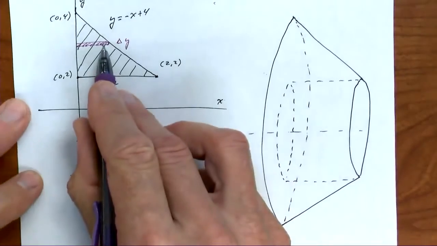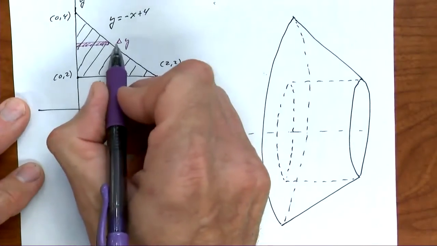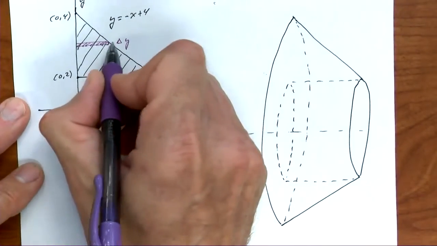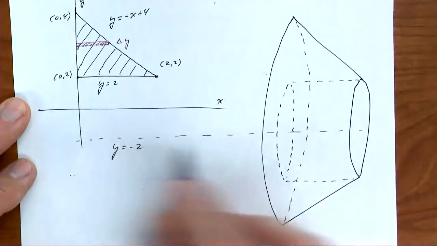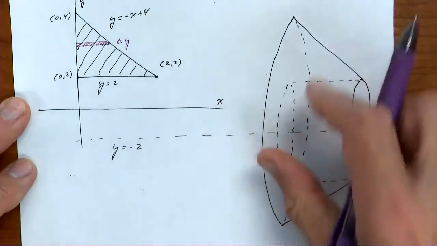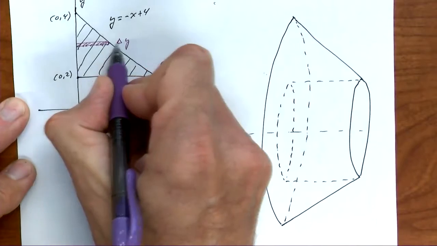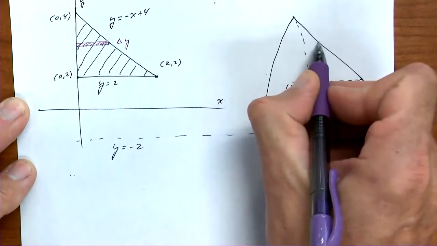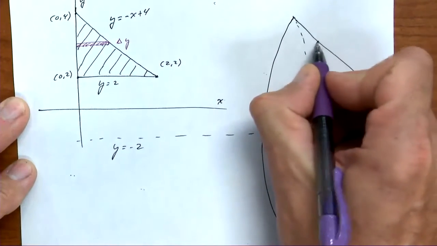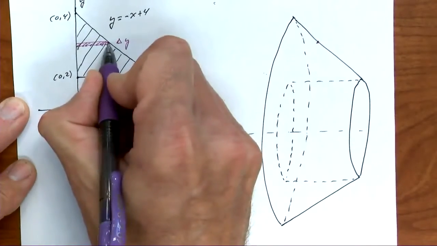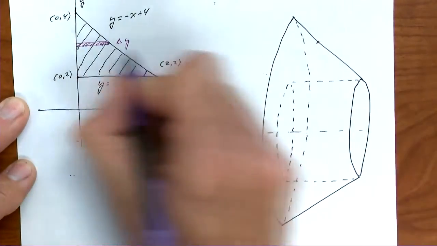So this point right here, again, in order to be able to find our radii, it's much more convenient to extend the axis that you're revolving about and draw your oblique view over here, because then I can bring this point straight across here. The point I'm talking about is somewhere right around here. So that's going to be this point right here. This point corresponds to that point, going straight across.